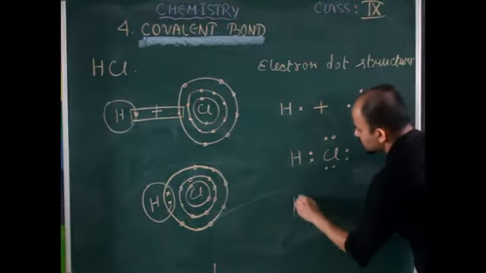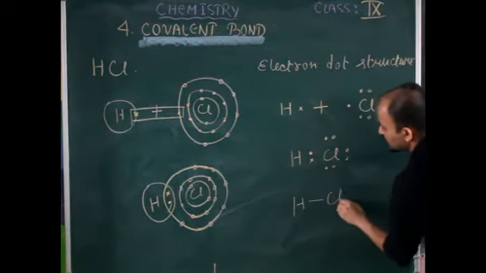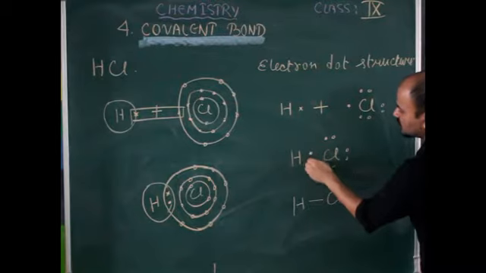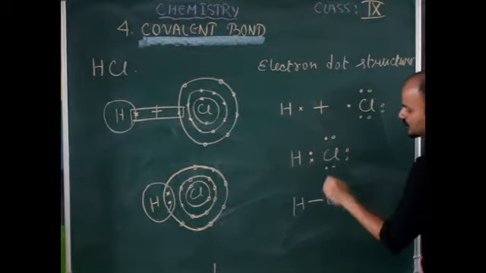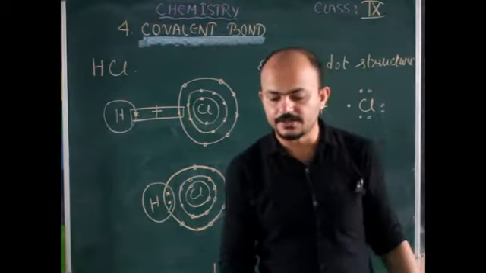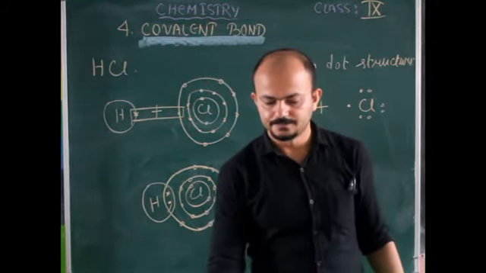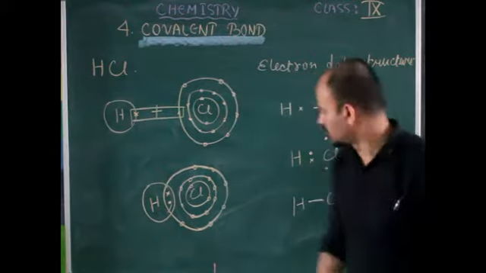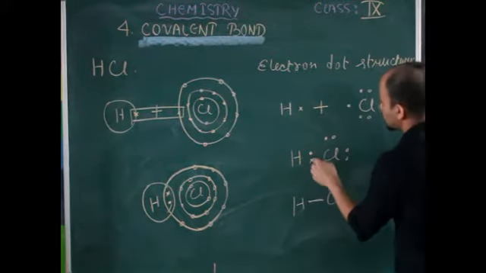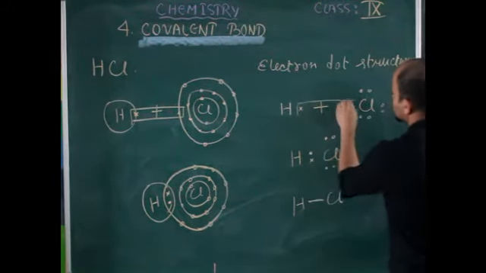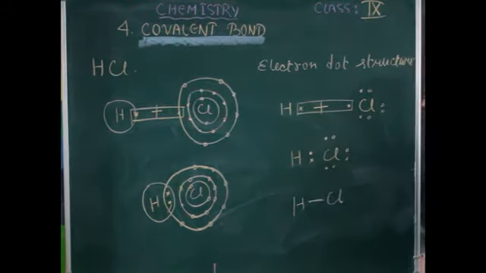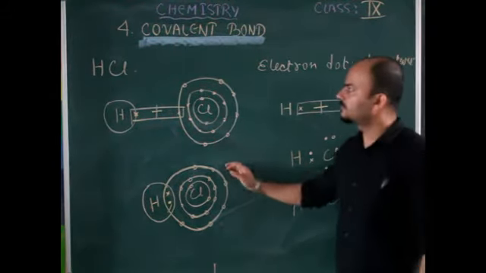This can also be represented as HCl. These two shared electrons result in the formation of a bond. This is how you draw the electron dot structure of HCl. You have to be very careful that these 2 electrons are shared, therefore this sharing has to be shown. So this is the structure of HCl.